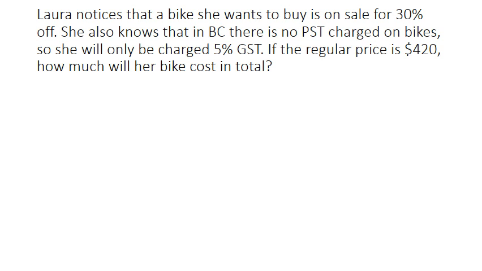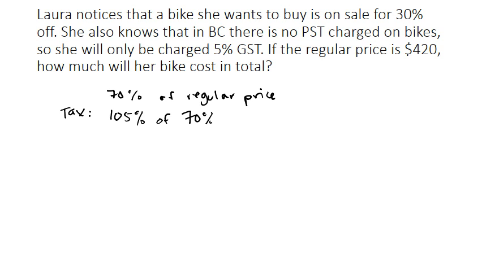So as we did in the past, our cost is going to be 70% of the regular price because that's accounting for my 30% discount. Then plus the tax is going to add 5%. So it will be 105% of the 70% regular price.